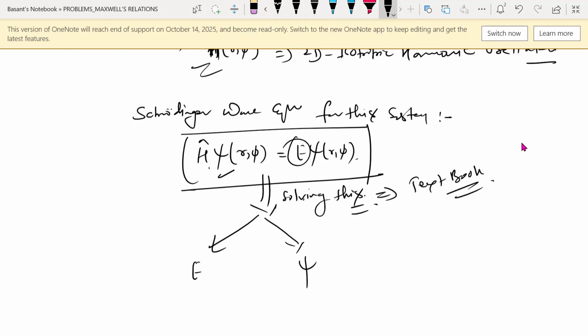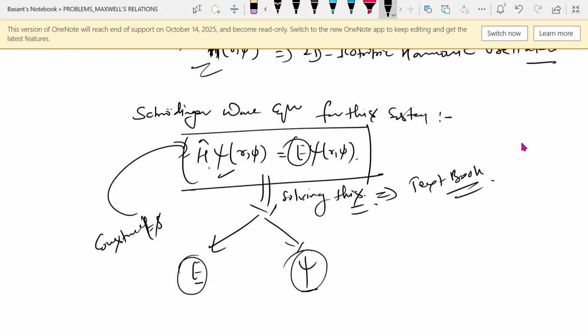Any Schrodinger wave equation for the system gives two things in solution, one is energy and another is the corresponding wave functions. So, the energy term and wave function term are dependent on some constants that satisfy the Schrodinger wave equation.